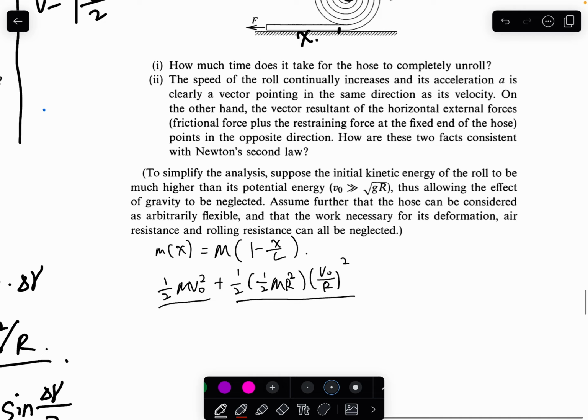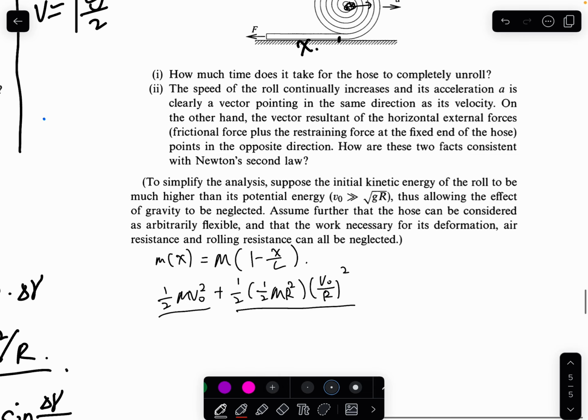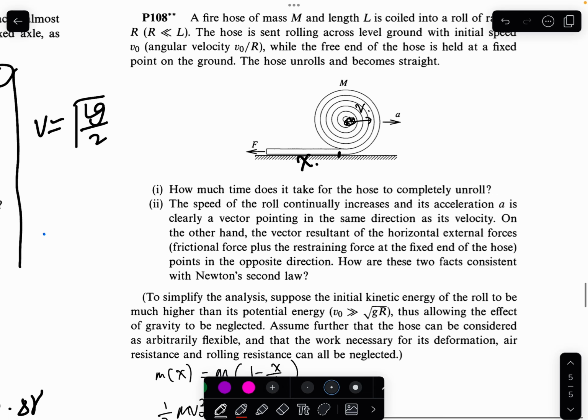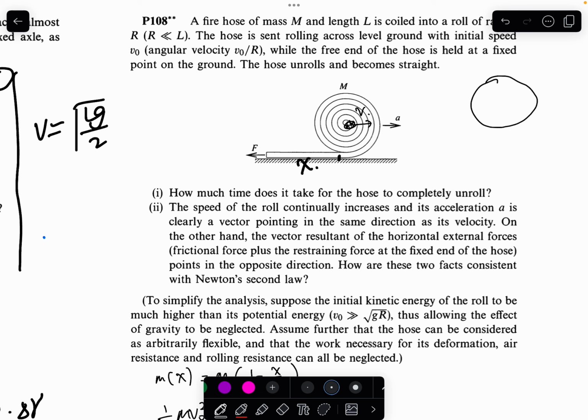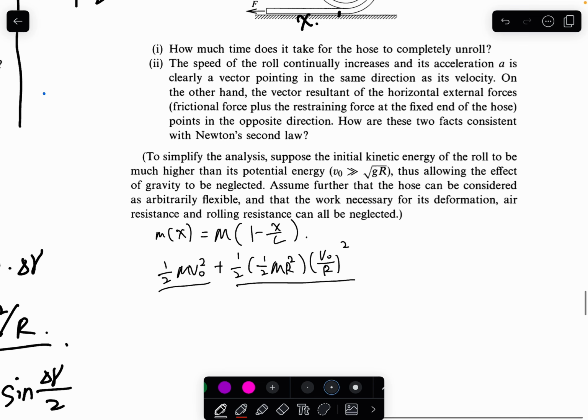It also contributes a large part, and because the whole circle is made of the rope, the I of it is 1/2 times m r squared.